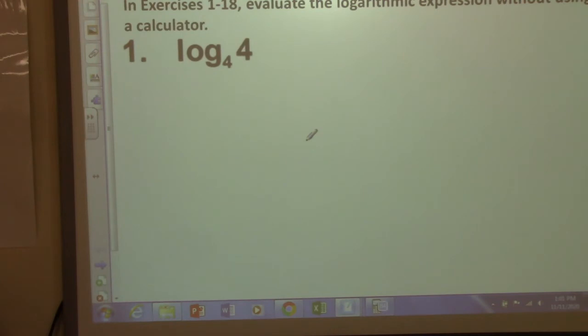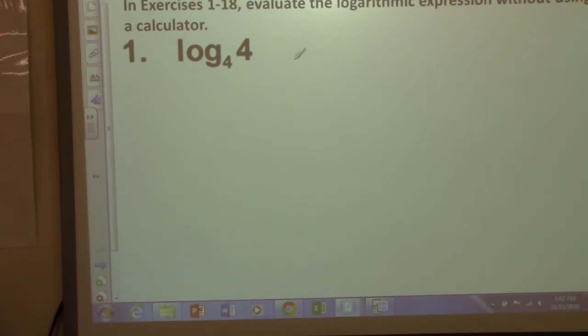What I need to do is talk about what a logarithm is. I'm probably going to show real world logarithms tomorrow. But today, these are without a calculator. So what this is, evaluate the logarithmic expression without a calculator.